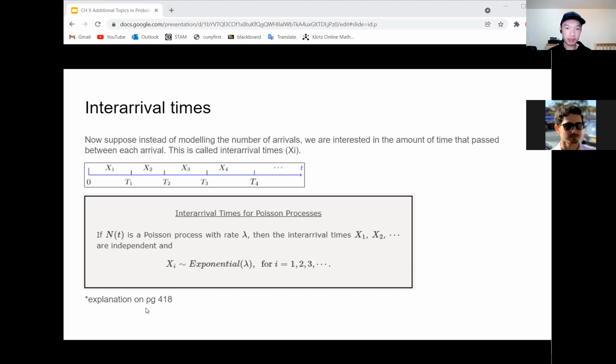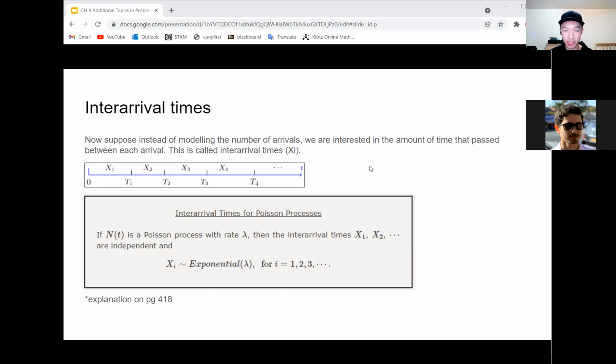Let's think about whether this seems reasonable from an intuitive standpoint. If you think about the amount of time that passes between each customer, time is continuous, so it makes sense that it follows a continuous distribution, and the exponential distribution is indeed continuous.